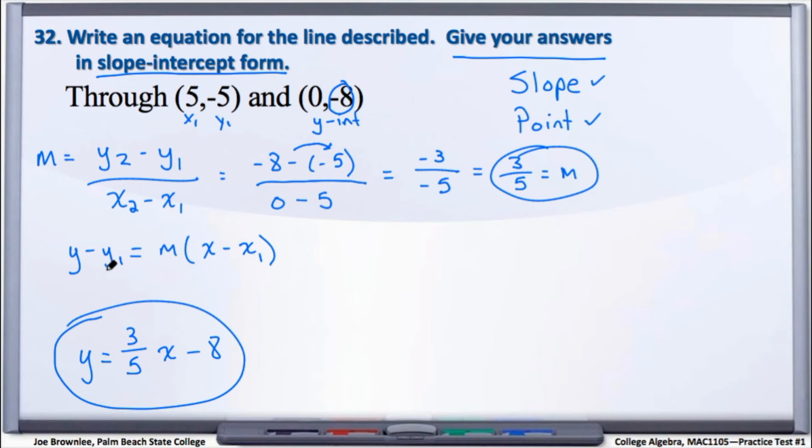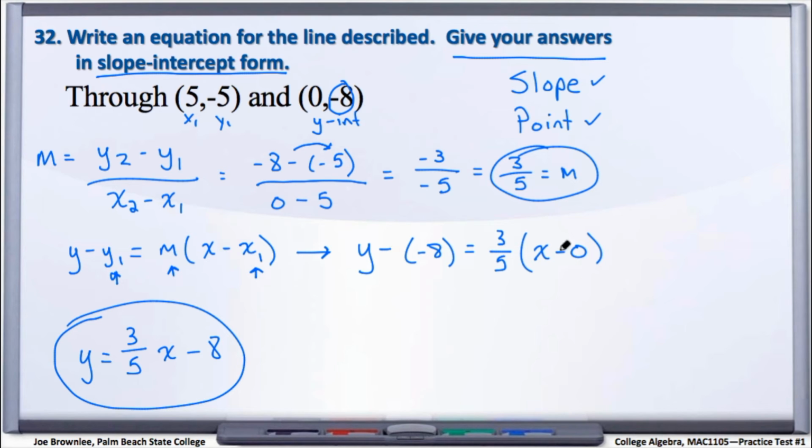And y1 and x1 will simply be the x and y from one of your 2 points, and then m will be the slope, which is what we just found. So let's see if we end up with the same answer using the point-slope form. So we'll say y minus y1, well, let's do -8, equals m, so 3 over 5 times quantity x minus x1, so x minus 0.